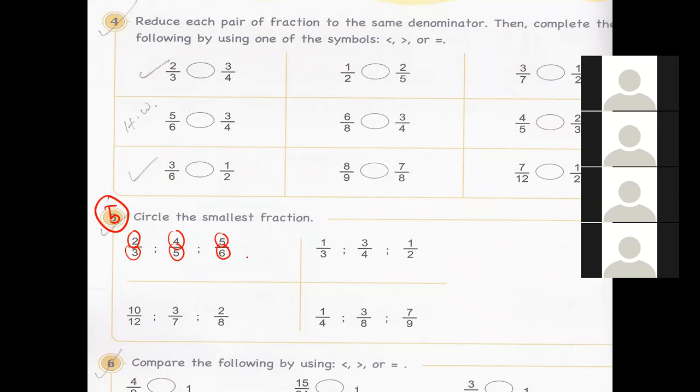We can't compare them unless they have the same numerator or the same denominator. Clear? So before I choose the smallest fraction, we will find either a common numerator or a common denominator.